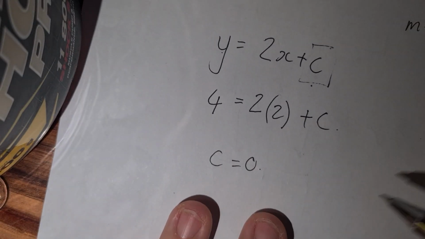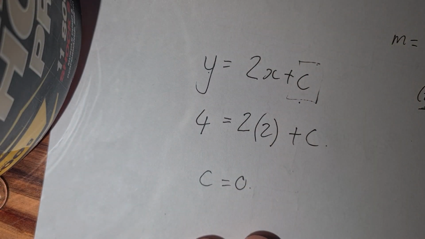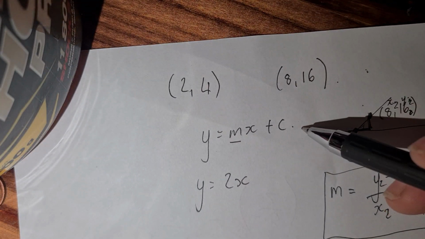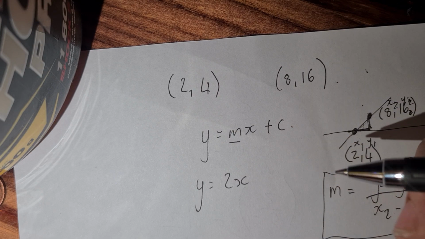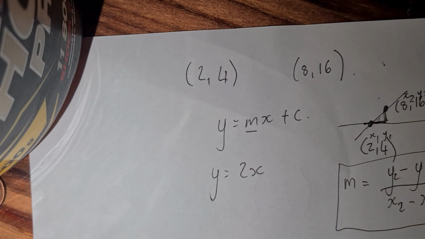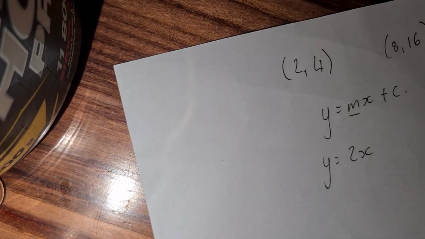But if your c was something else, say for instance it was 6, you would say 2x plus 6, or 2x plus whatever it would be. Next, let's look at some of these examples that I wrote out.